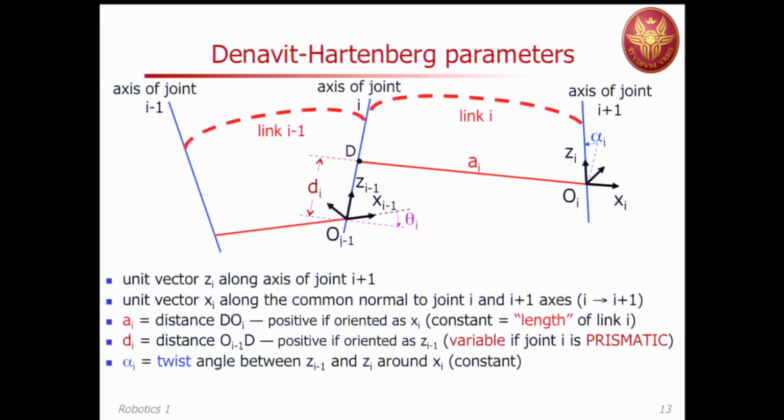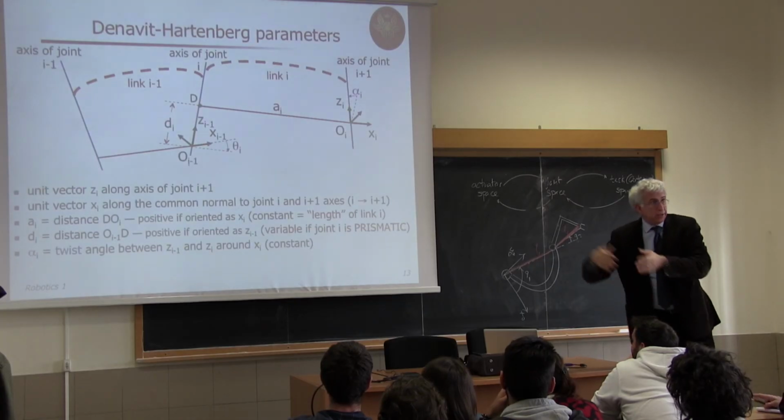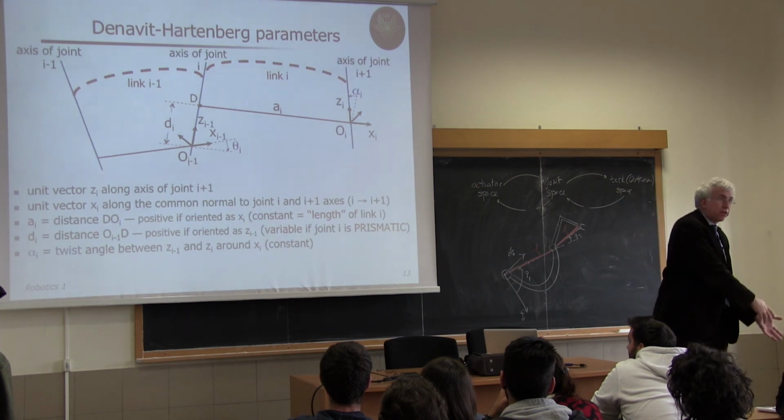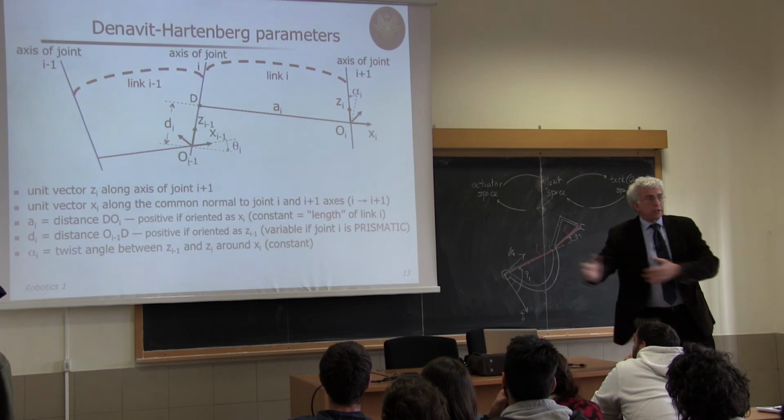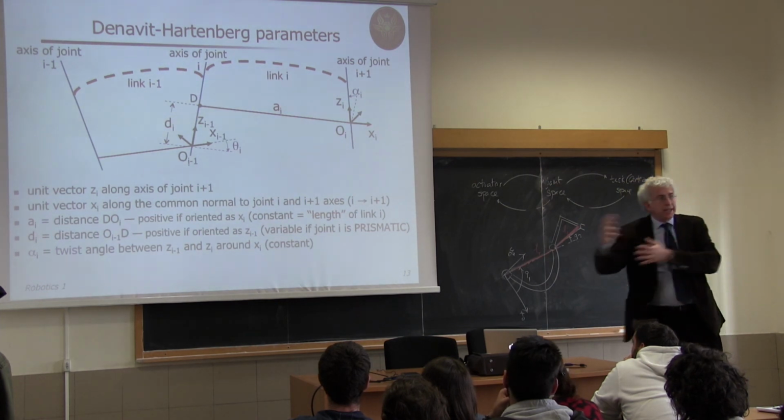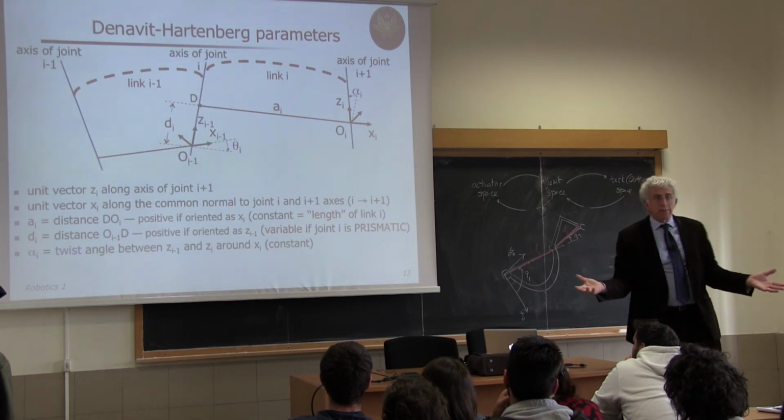Now the twist angle. Twist angle, remember, is the twist between joint axes. So now we have, due to the recursive nature of this assignment, I've started from frame 0 and I'm going to frame n, because I have link 0, link 1, link n, so I have n plus 1 frames.